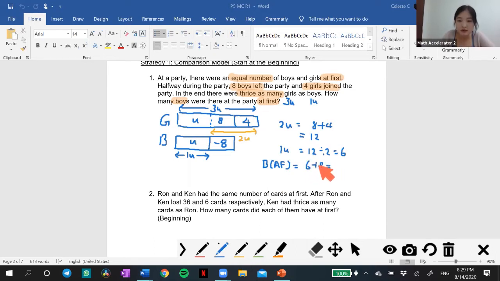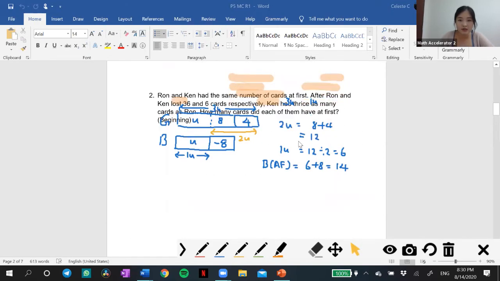So your final answer is 14 boys. So you have to add the 8 boys in. For those of you who don't get it, it's because 8 boys left only halfway. So at the very beginning, you have to add the 8 boys back in. Very good. So we're done with this question.